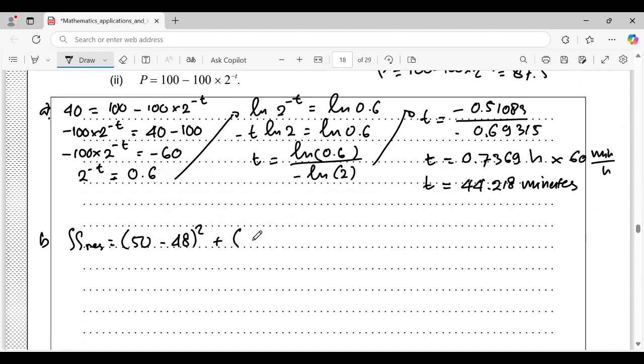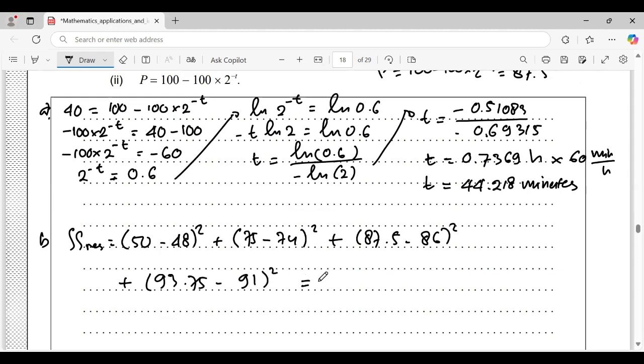So it becomes 75 minus 74 squared, plus 87.5 minus 86 squared, plus 93.75 minus 91 squared.